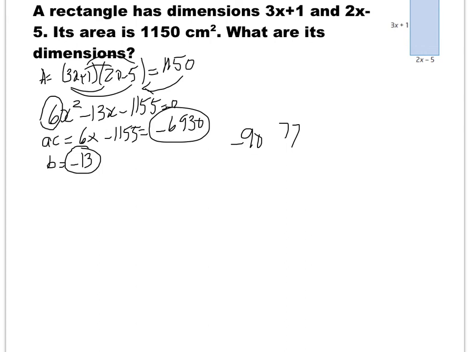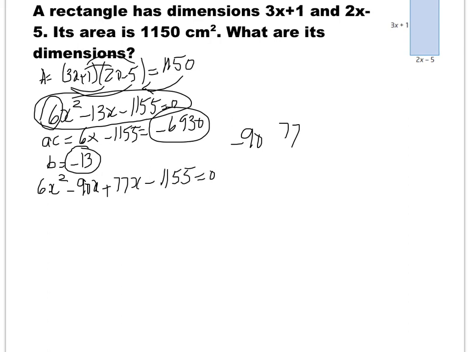So I can write this quadratic as 6x squared. Instead of minus 13x, I write negative 90x plus 77x minus 1155 is equal to 0. Now, these two terms together, I take 6x out, and from here I get x minus 15, and from the other one I take 77 out, I get x minus 15 again.